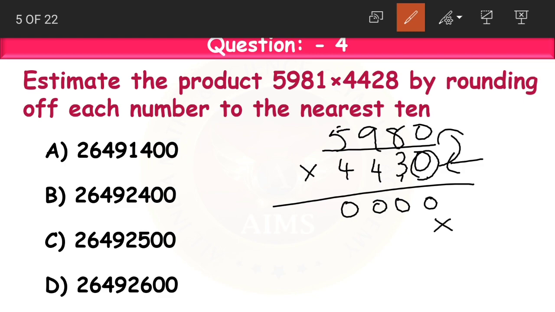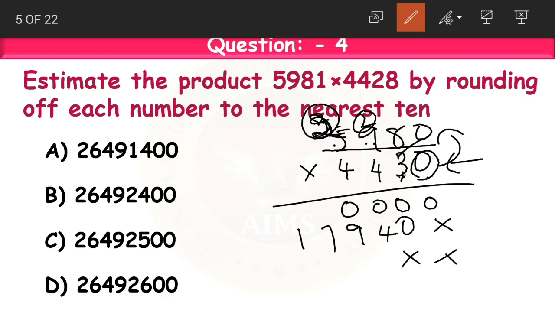Now coming to the next number 3. 3 zeros are 0. 3 8s are 24, 2 carried and 4 written. 3 9s are 27, 27 plus 2 is 29. 2 carried and 9 will be written here. 3 5s are 15. 15 plus 2 becomes 17.